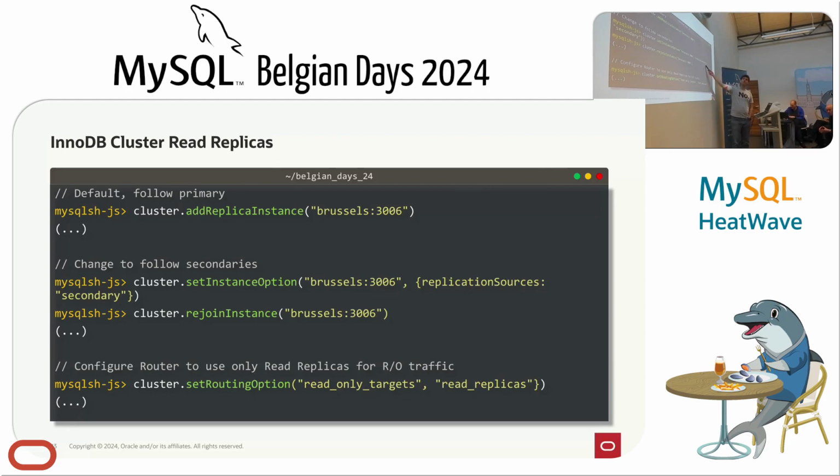You can change the replication sources and say, please always use a secondary. That will happen in the next failover. If you want to apply that immediately, you use rejoin instance and the channel will be adjusted. And set routing option is just an example of changing the read targets of router to use only read replicas.